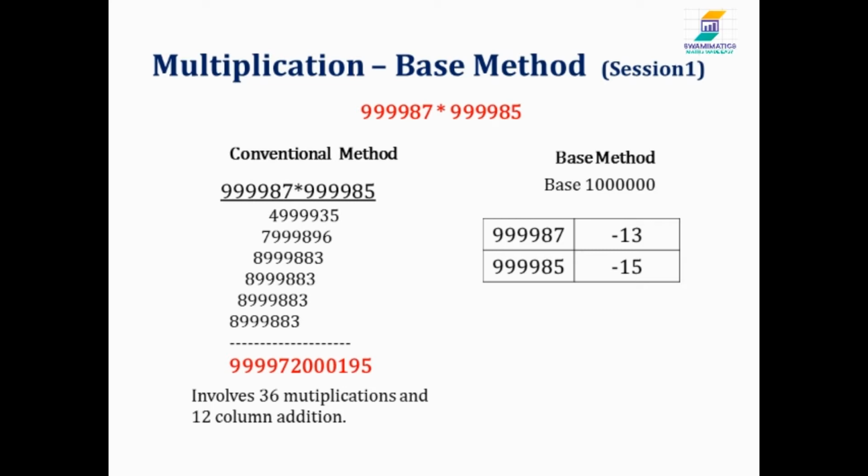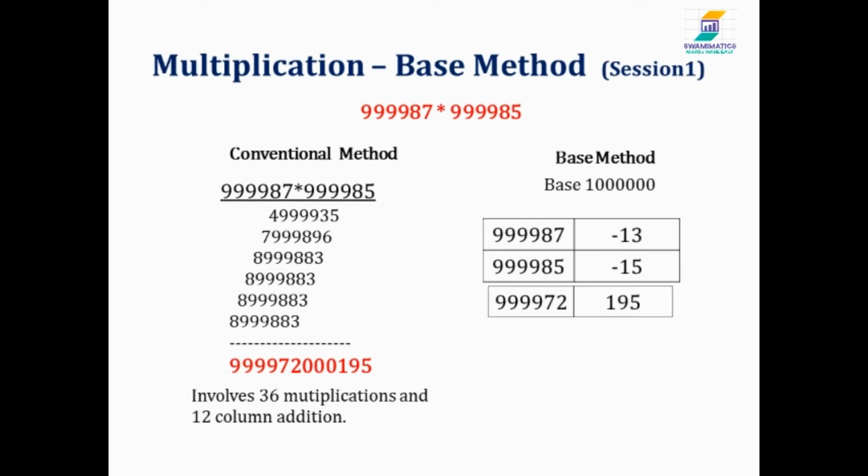Now on the right side of the numbers, or on the left side of your sheet, we record the difference between the number and the base. For example, 9999987 is 13 less than 10 lakhs. 9999985 is 15 less than 10 lakhs.